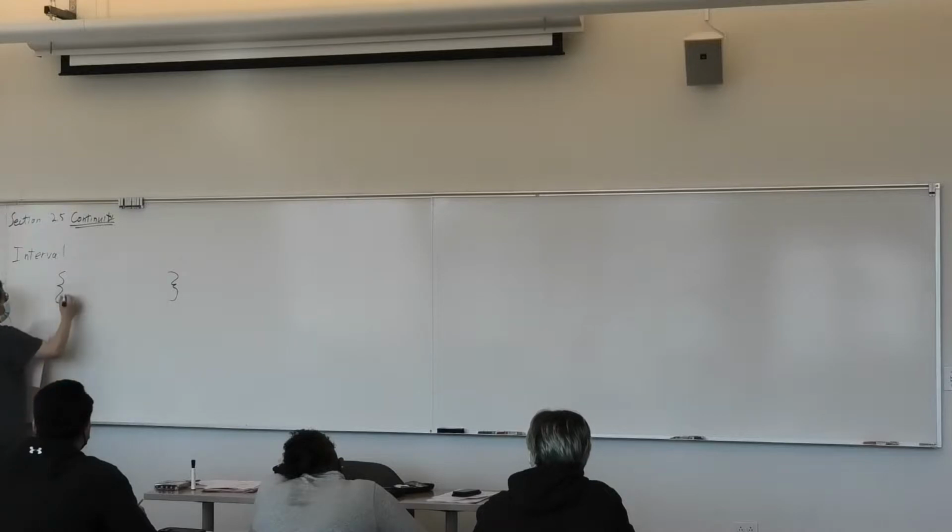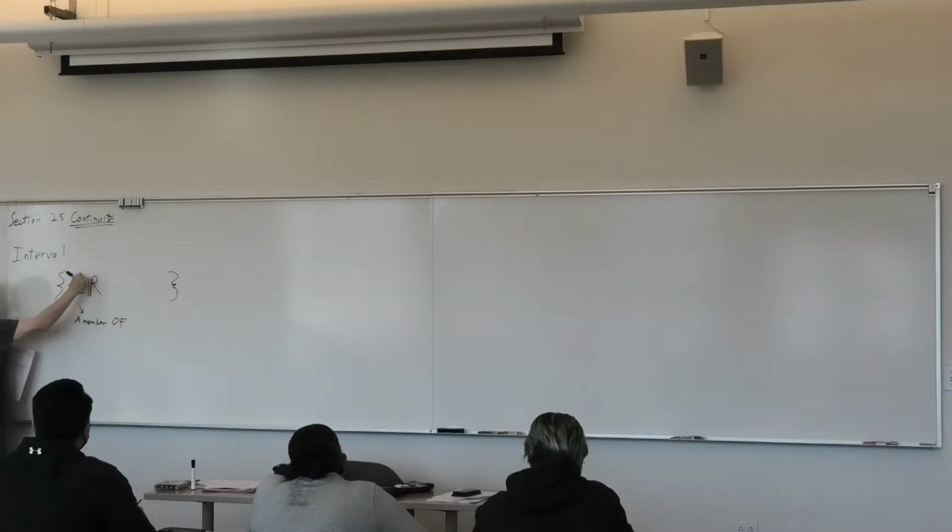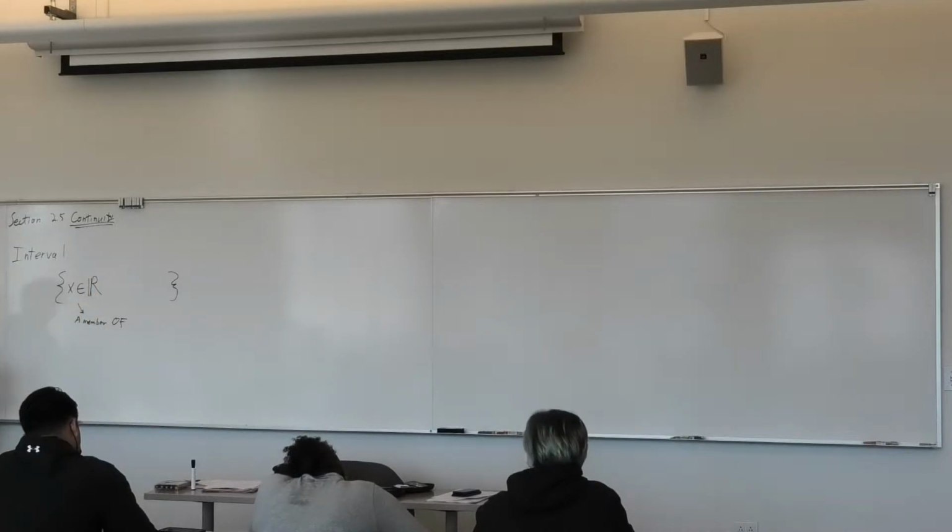But we might say x, and I'm going to use this symbol here, which means a member of, and then I'm going to use R in a fancy font, which is what we use to mean all real numbers.